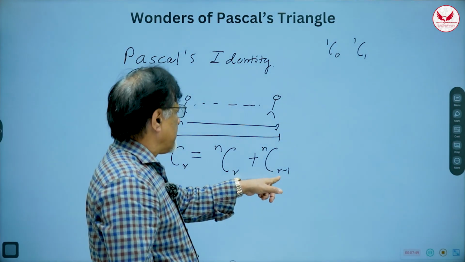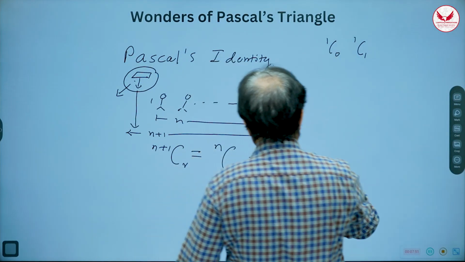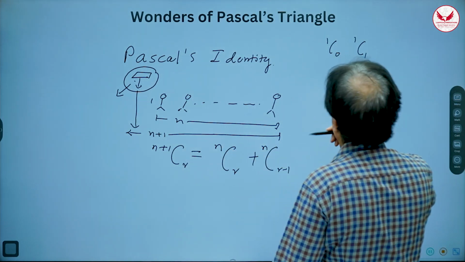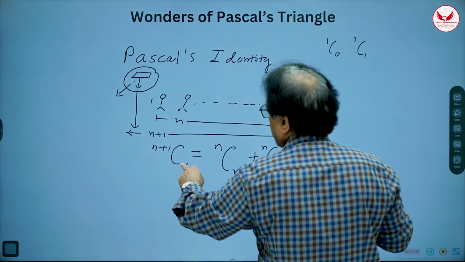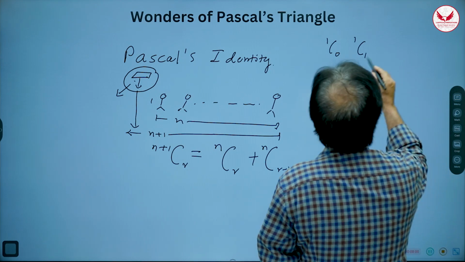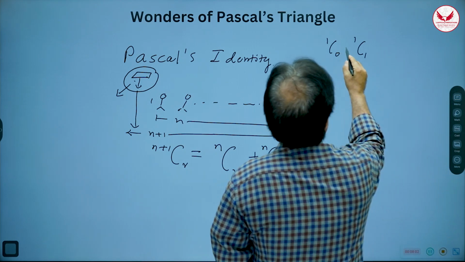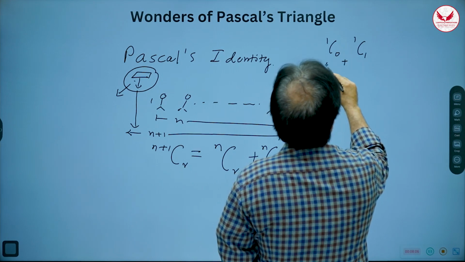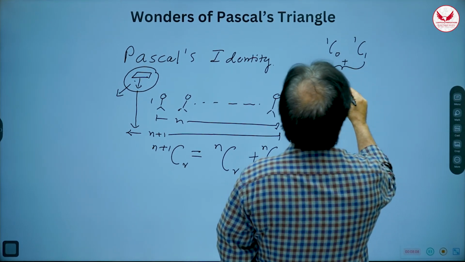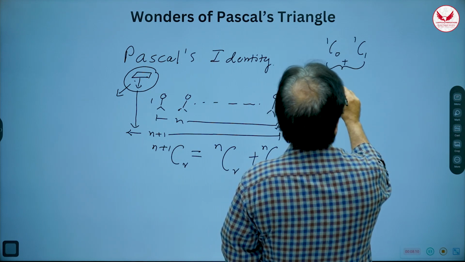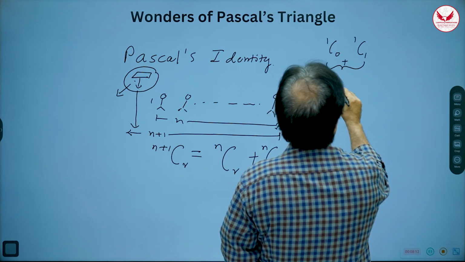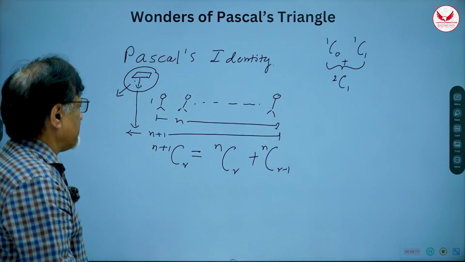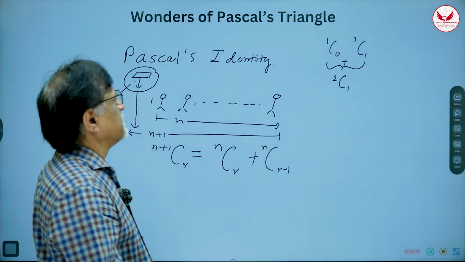Apply this: 1C0 plus 1C1 will be equal to (n plus 1)C1. If I add these two, I will get n plus 1, but n is 1, so here it will be 2C1. That is just a simple application of this.